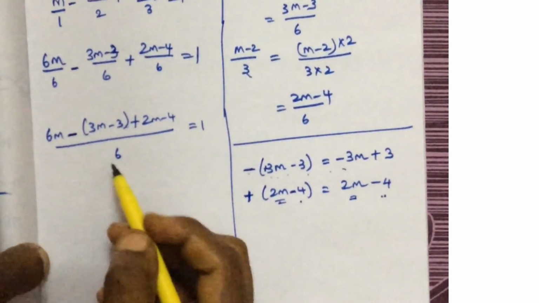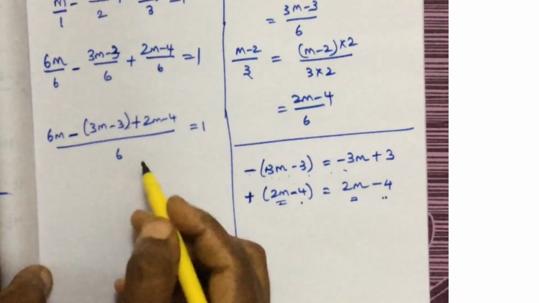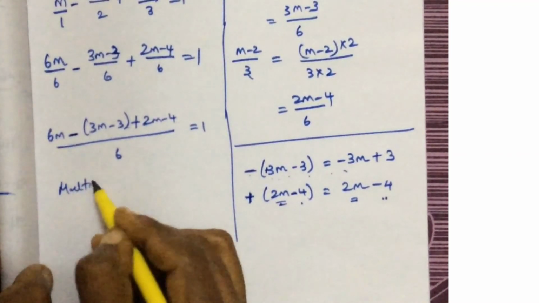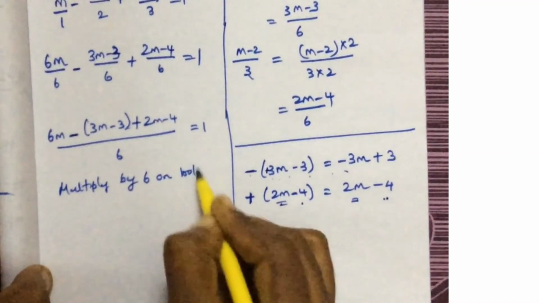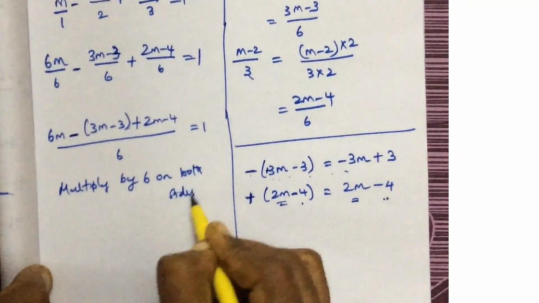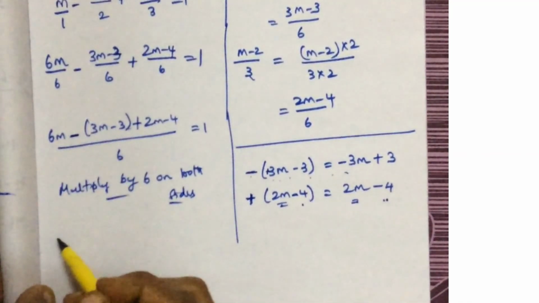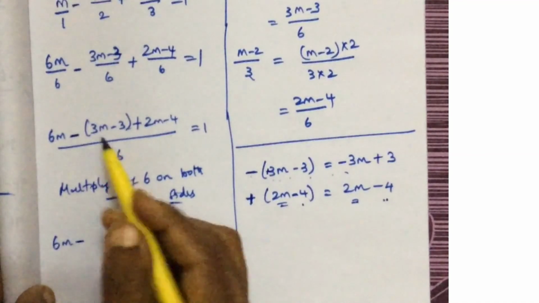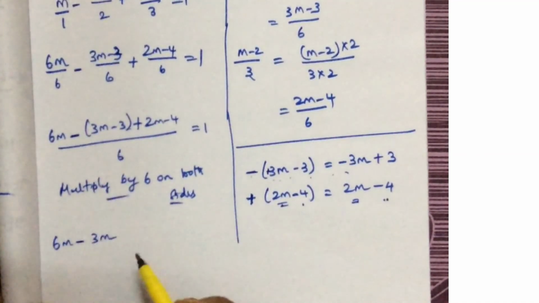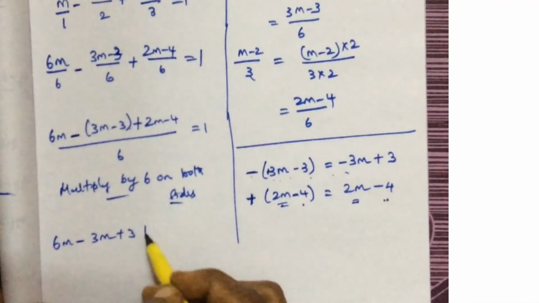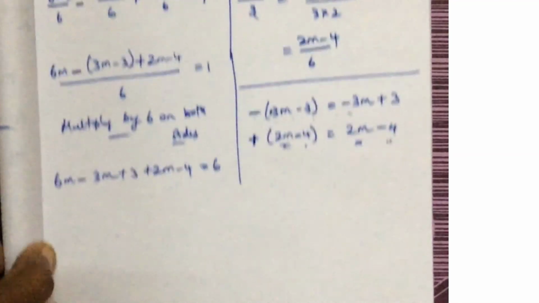Okay. Now, from this I have a 6 here, and I do not want this number in the denominator. So, multiply by 6 on both sides. When I do the multiplication, this 6 will get cancelled, which means 6m minus, this plus into minus, minus 3m, minus into minus, plus 3, plus 2m minus 4, that is equal to 6.